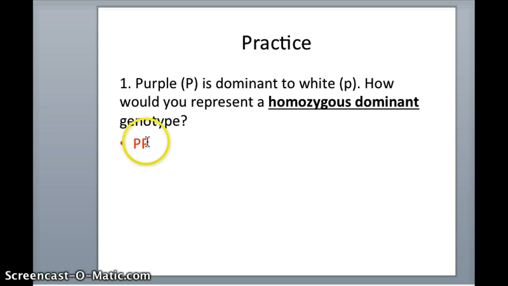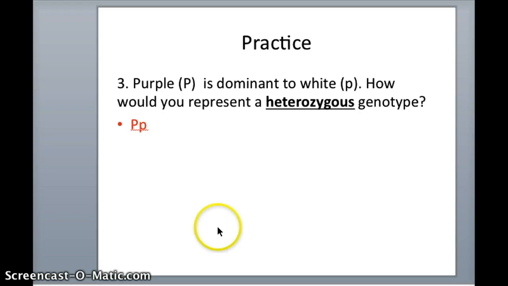So it's uppercase P, uppercase P. Similarly, homozygous recessive, remember homozygous means the same alleles, recessive means lowercase. So it's lowercase p, lowercase p. And here, heterozygous means different alleles. So you can see it's uppercase P, lowercase p. Okay?